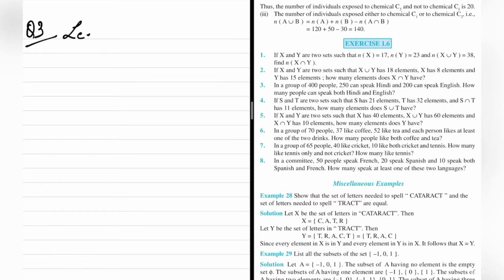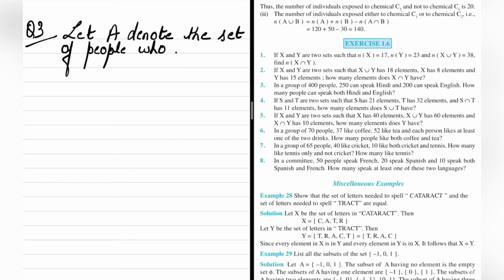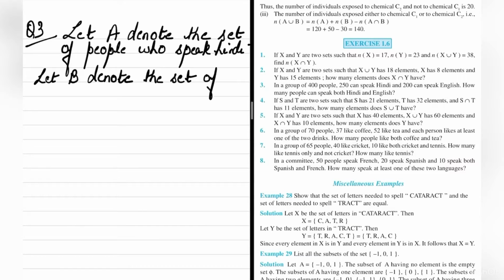So let A denote the set of people who speak Hindi and let B denote the set of people who speak English.